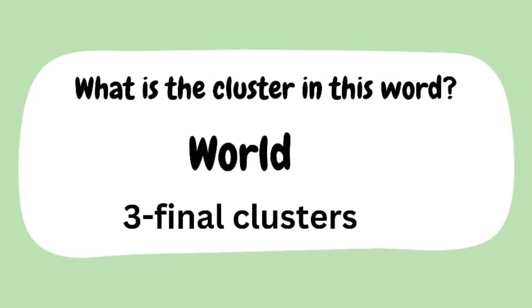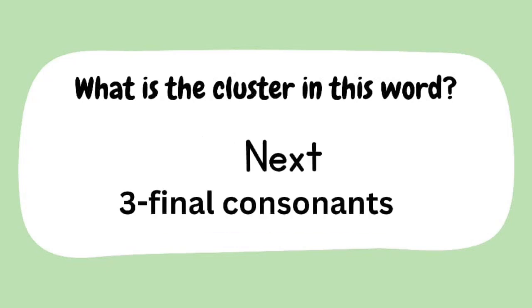So we want to see words that have 3 final consonant clusters in them. An example is the word world. It has 3 final consonant clusters in it: r, l, and d. So we want to look at an example of 3 final consonant sounds. 3 final consonant sounds can be found in the word next.